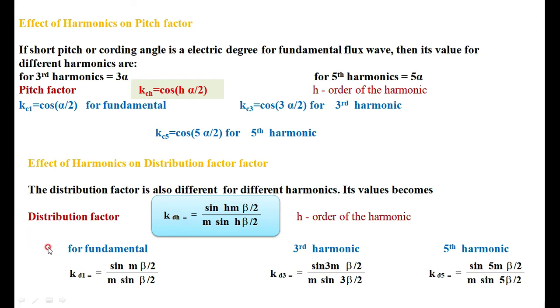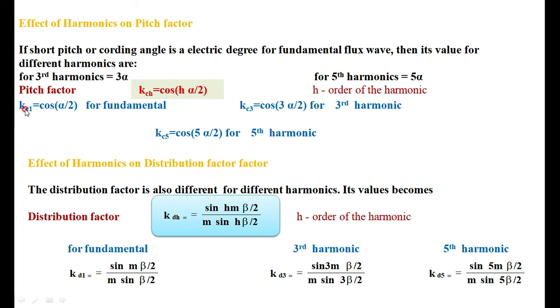We know that the pitch factor is given by cos alpha by 2. If harmonic content is there, in a non-sinusoidal waveform, the alpha becomes 3 alpha for the third harmonic, 5 alpha for the fifth harmonic, and so on. In general, if h is the order of the harmonic, then kc becomes cos h alpha by 2.